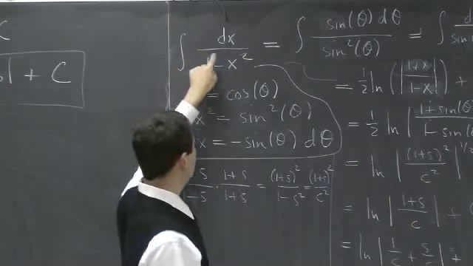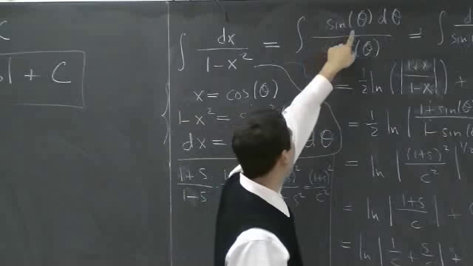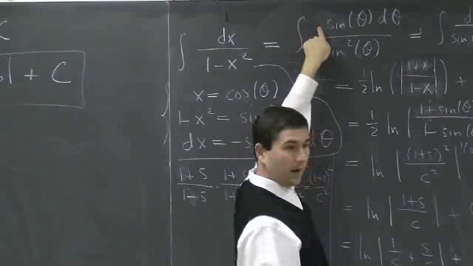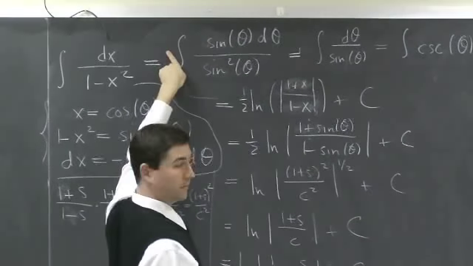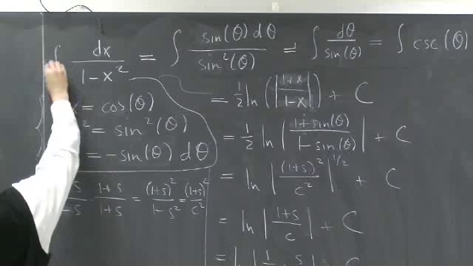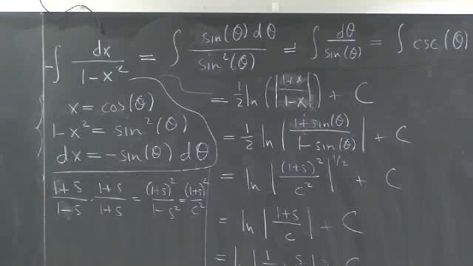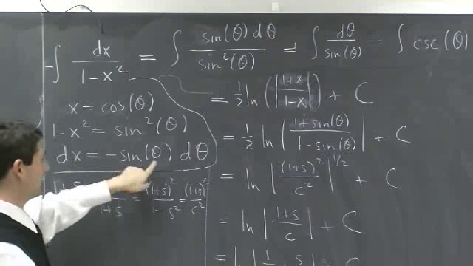Now, to go from here to here, I would say dx is minus sine theta d theta. Oh, I don't have my minus. So I'd have to put a minus over here. But I don't want a minus over here, so instead I'll put it over here. If I put a minus over here, well, now I could write minus dx. And minus dx is sine theta d theta.